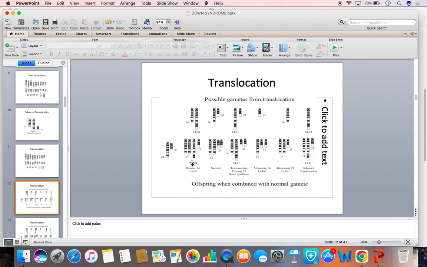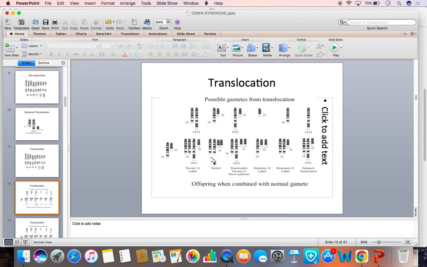See, 1, 2, the 2 copies of 14 here, 1 copy of 14 here. This is trisomy 14. This is lethal, won't survive.